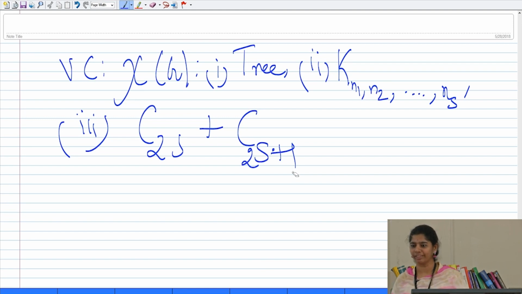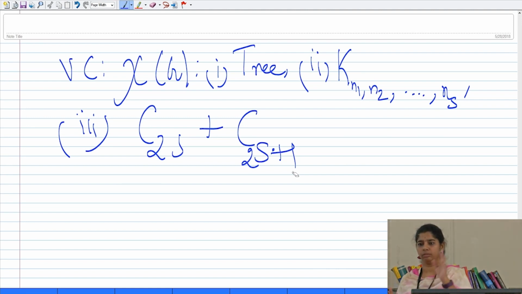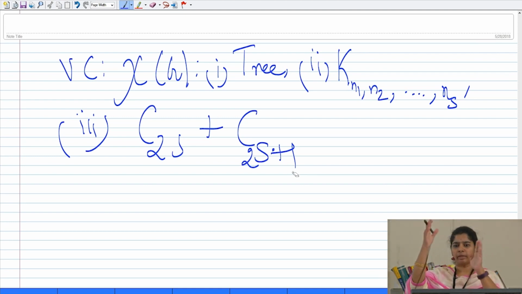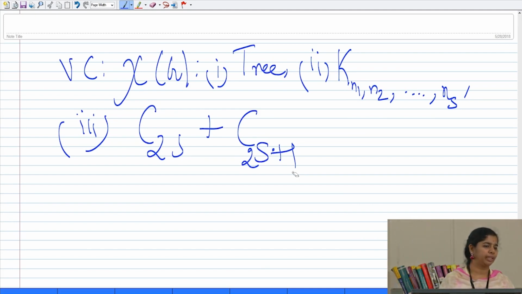Joining, that is what, how do you join them, that is the question. So, you have C2S and C2S plus 1, every vertex of C2S you connect to every vertex in C2S plus 1. Okay. So, it is a simple plus, it will be in between. If you think of these two as partitions, it would be complete in between, right. Every vertex from C2S is going to be adjacent to every vertex in C2S plus 1.